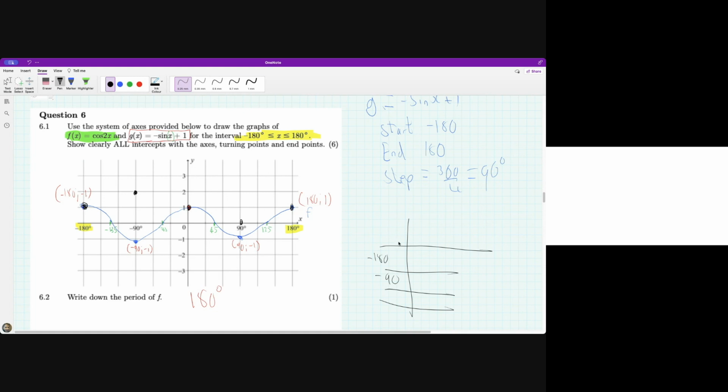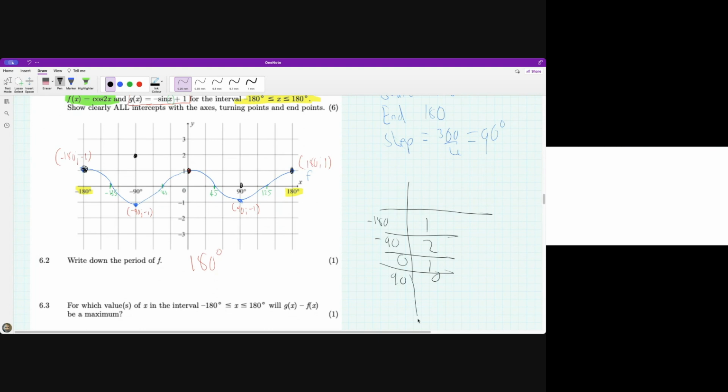So minus 181, minus 92, 0 is 1, 90 is 0, and then 180 is 1. Give me a thumbs up if you all got that. Okay, so those are the dots over here that I was using to connect them. So normally it would go like that.